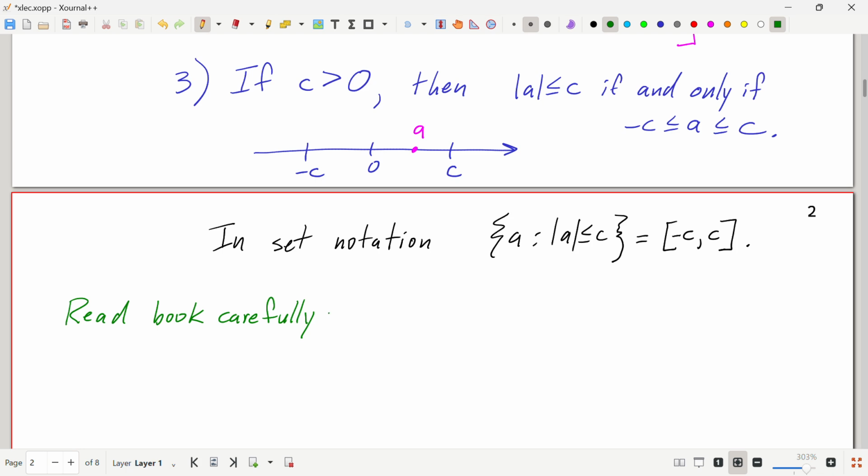So an example, in the proof of number 3 above, here's what the book says.